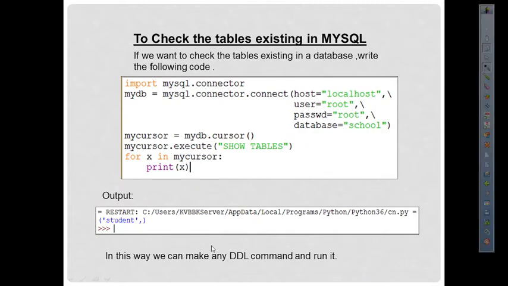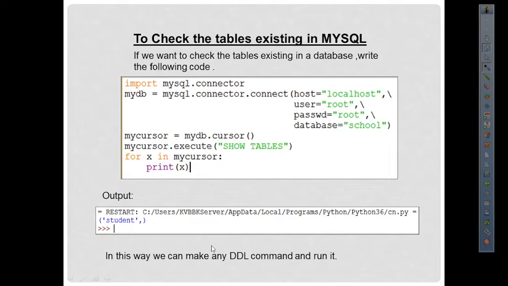When we execute the show tables command, it will give all the tables which are inside the database, and they will be stored inside myCursor. So to extract them one by one from myCursor, we will write for x in myCursor.